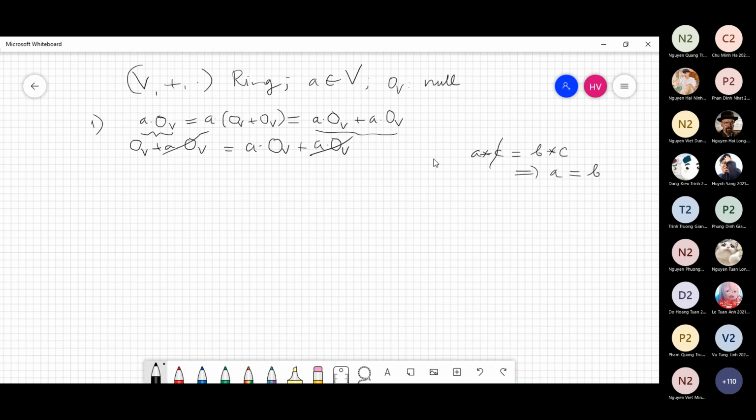This is the cancellation law that you learned previously. So therefore immediately you obtain non V equals A multiply non V. Similarly you can multiply non V with A, and you obtain non V. So you obtain what you want to see, QED. QED means that the proof is finished. Yeah.